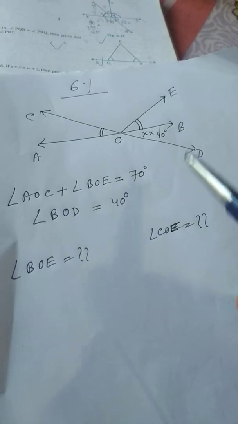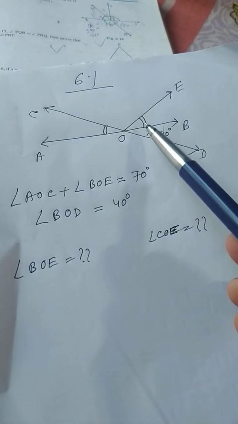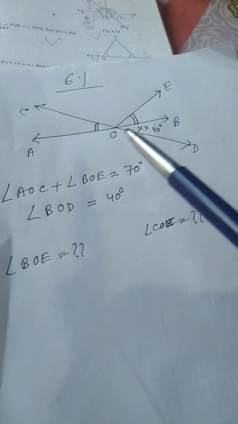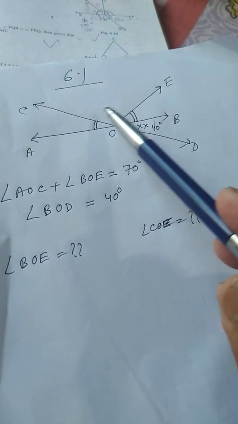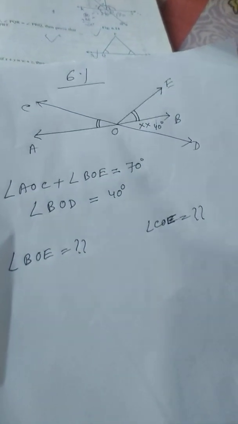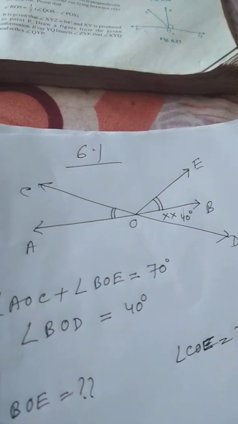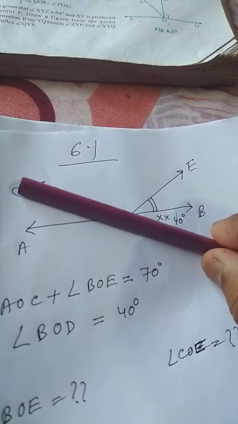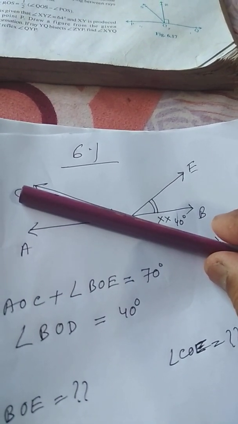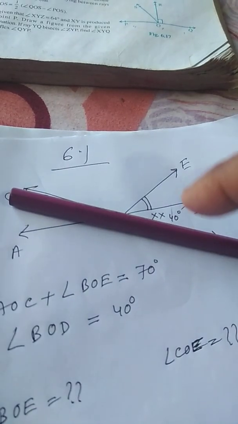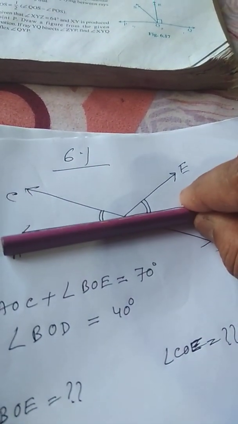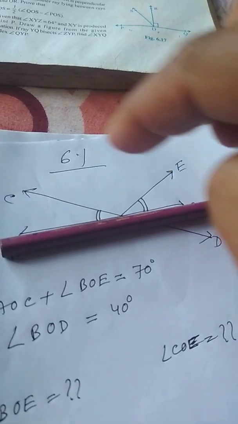So we have to find out the value of angle BOE, that is, this small angle, and angle COE, this big angle. Now, to find these values, what we have to do: this one is 180 degrees and this one is 180 degrees.